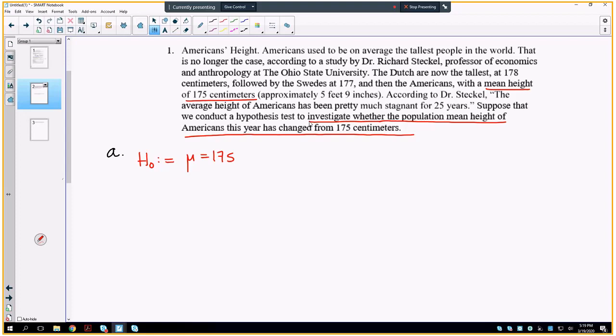The null hypothesis is that it is 175. Our alternative hypothesis here should be that it's not 175. Might be larger, might be smaller, we're simply saying not 175. So we've done the first part of the question.